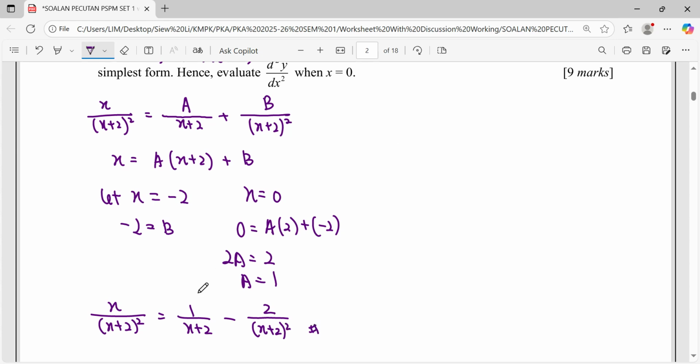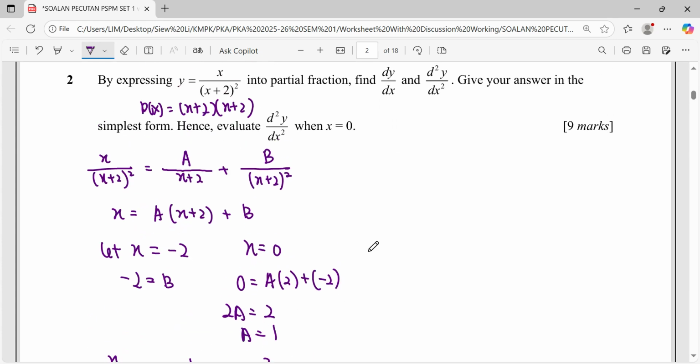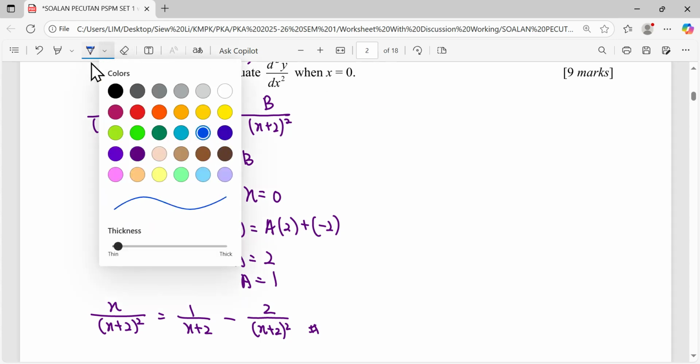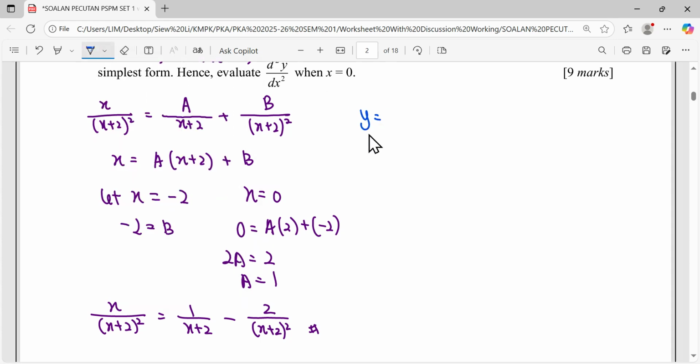After expressing this in partial form, we can find its dy/dx. So now our y is using its partial fraction: (x plus 2) to the power of negative 1, and for this, the x will move up, it will be power of negative 2. To find its differentiation of y with respect to x, this is our power rule.